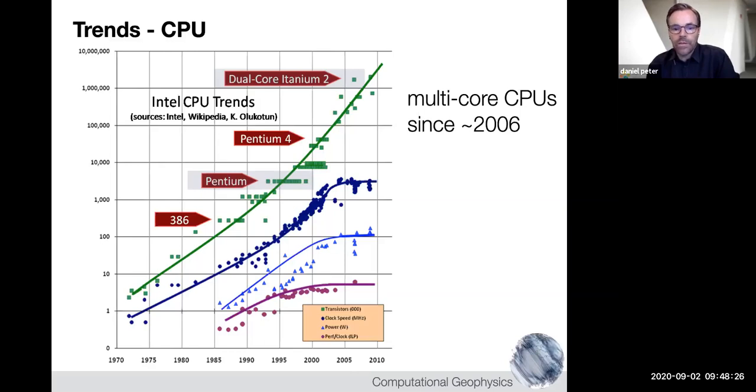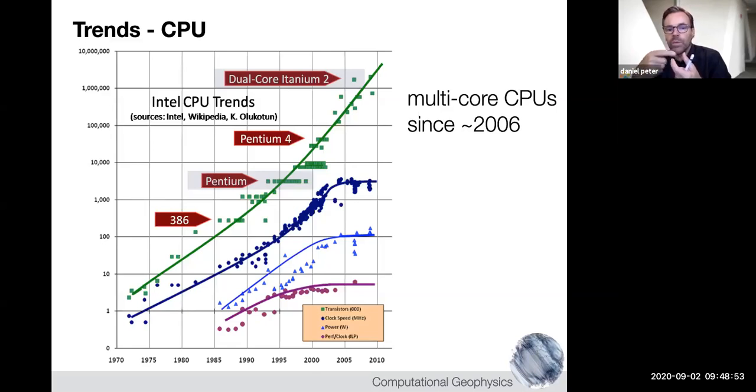2004, it kind of already started. By 2006, you had these multi-core CPUs. So a CPU was not only a single-core CPU anymore, but they added multiple cores to it that could do computations. And then the application you were running on it was faster, not because the chip was clocked faster.